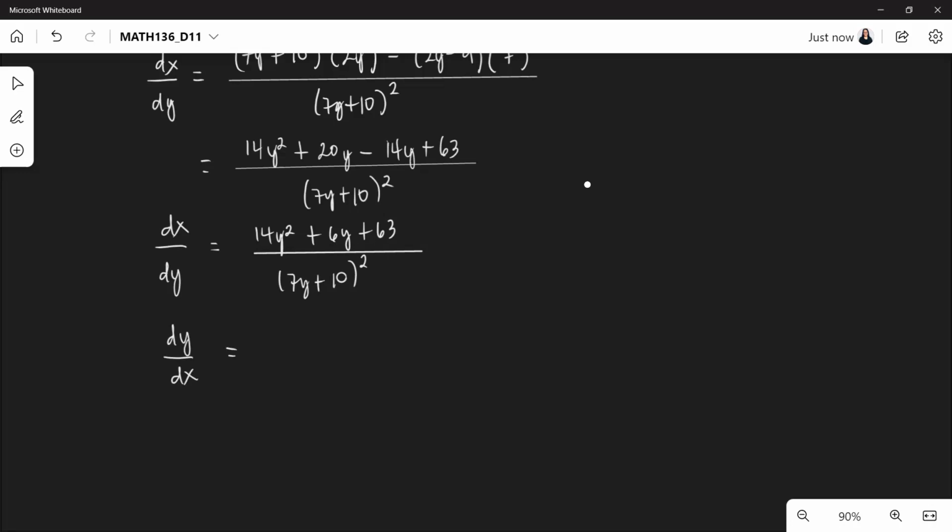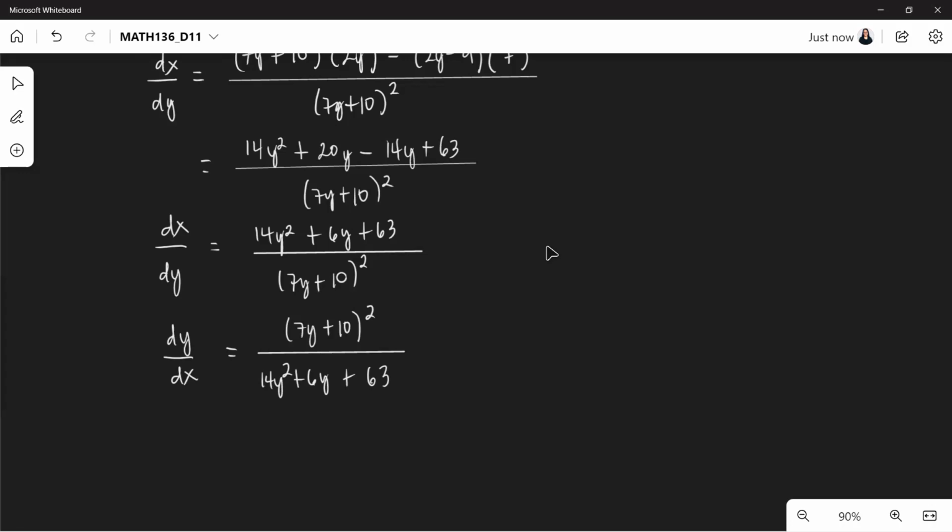Meaning we put on the numerator the original denominator, and then that one on top will be placed at the bottom. So this is the final answer. So this is all about the inverse function.